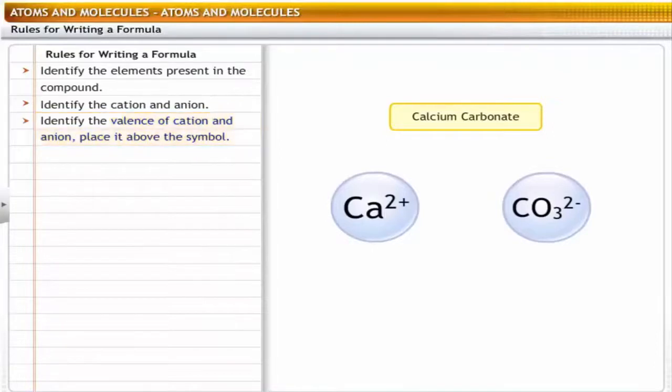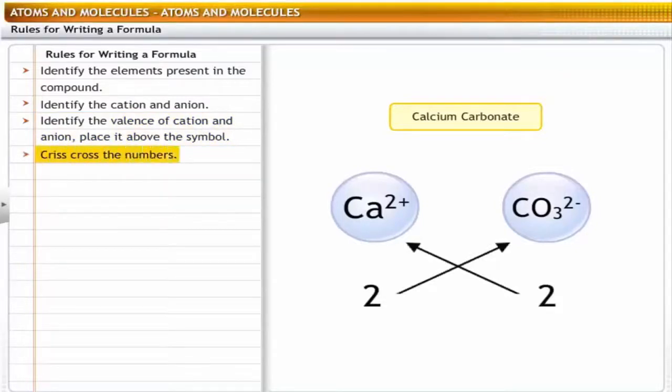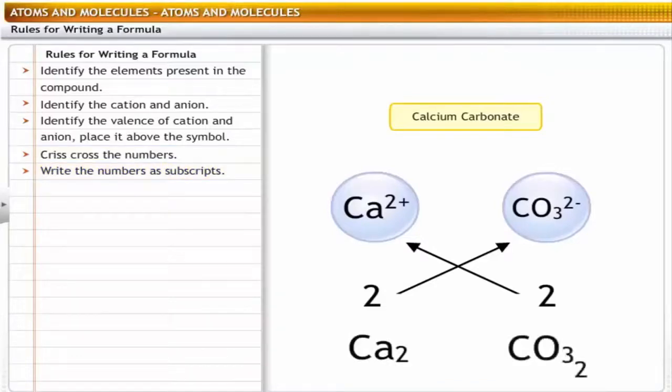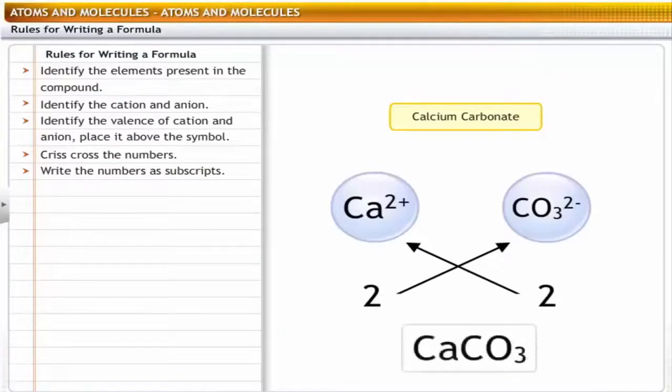For example, the valency of calcium is 2 and the valency of carbonate is also 2. Then cross-multiply the valencies. Now write the numerals as subscript right after the respective symbol, Ca2 and CO3 2. In the case of calcium carbonate, both the valencies are 2, hence the formula is CaCO3.